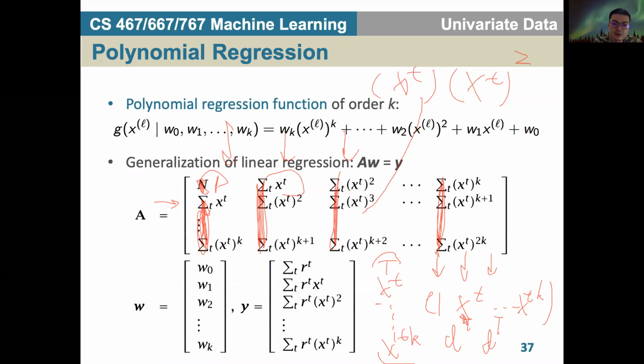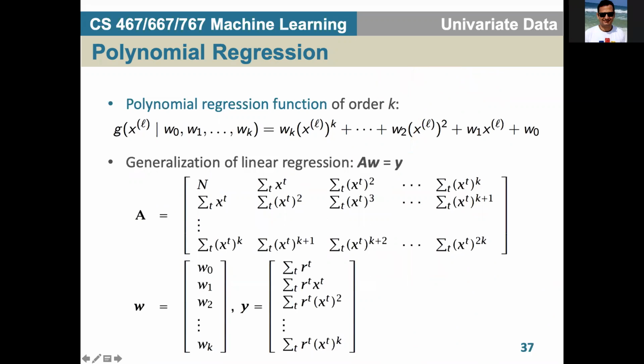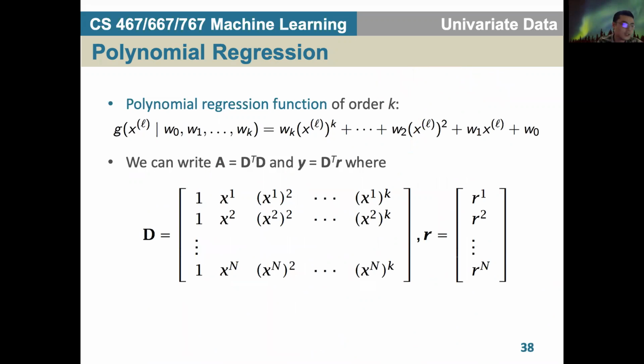I hope this is not too difficult to see. So this is our product without summation. But now, how to see this? Summation is basically saying that we have another dimension.